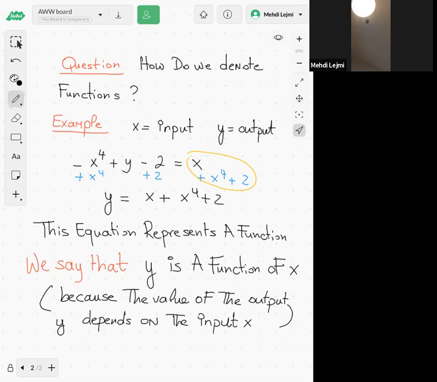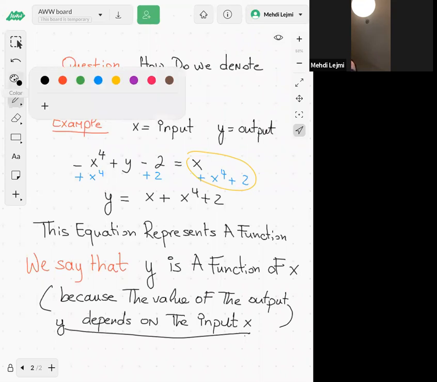For each value of X, you have a different value of Y. Again, the idea is that Y depends on X. For different inputs, you have, in general, different outputs. And because Y depends on X, we say that Y is a function of X. So the output depends on the input.